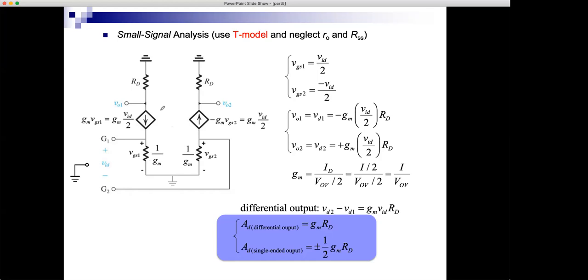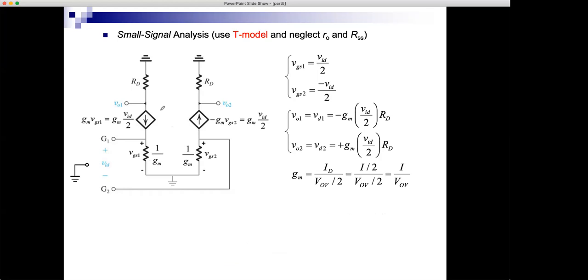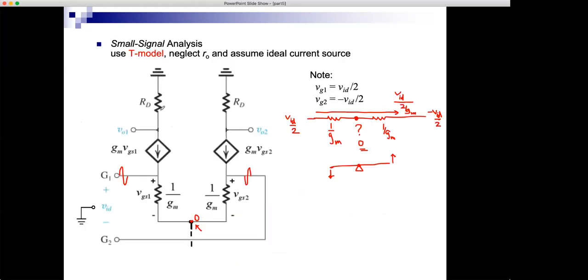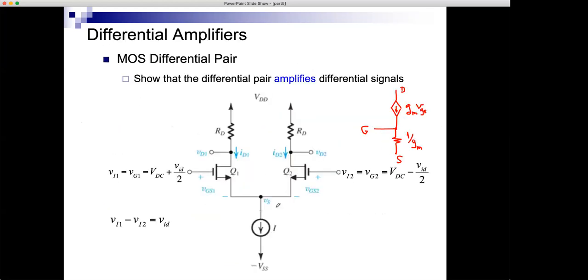What about RSS? RSS is, remember the current source that was here, and we said that it's an ideal one, and in the small signal analysis it becomes a perfect open circuit. Now we will say that, okay, this may not be ideal. In fact, it will most likely be implemented using MOSFETs.